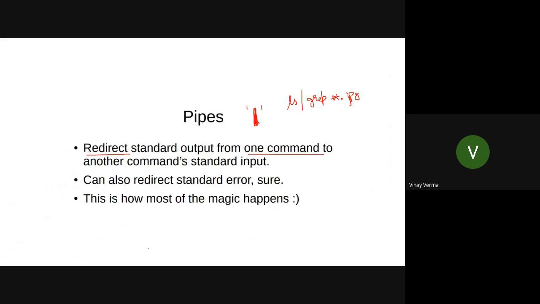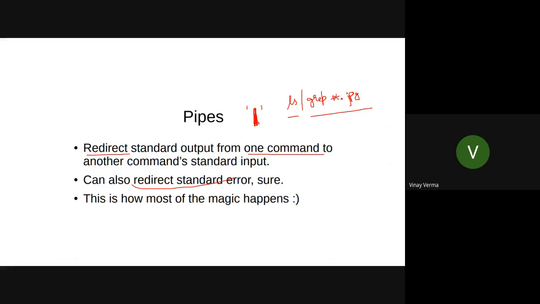If you are using two commands, that is ls and then grep star.jpg, what it does is the output of ls will be the input of grep, right? The mouse is very poor for writing, so leave it, it should just be understandable. So the whole output of ls is used as input for grep, and it will give the new output, right?